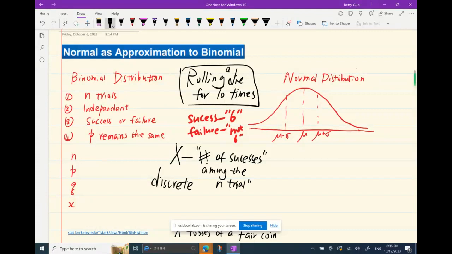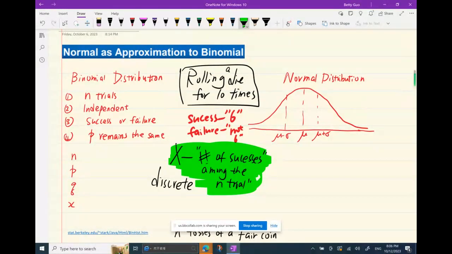Earlier, the experiment is just the background or the environment. The random variable that really has a binomial distribution is this discrete random variable that represents the number of successes among the n trials.